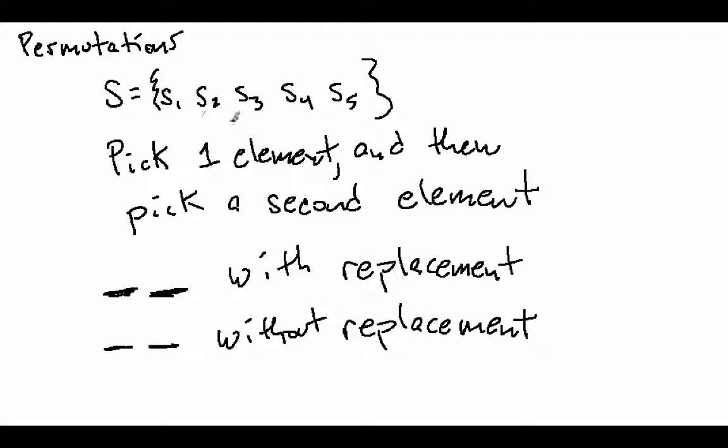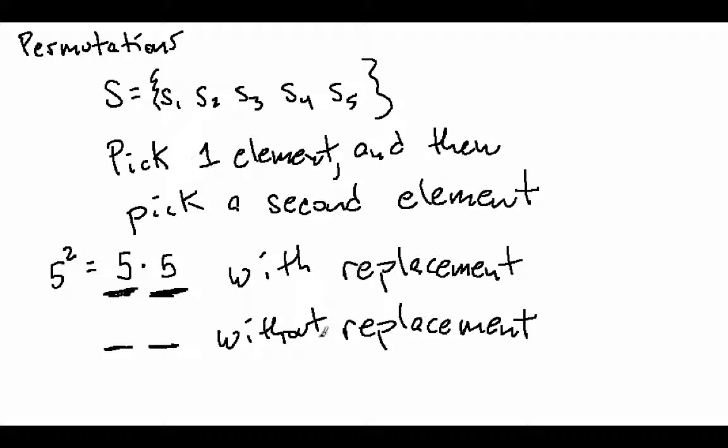If we do it with replacement, there are 5 elements here, so there would be 5 ways to pick the first element. Then if we throw that back in the bag and pick again, we would still have 5 elements to pick. So the total number of possibilities would be 5 squared.